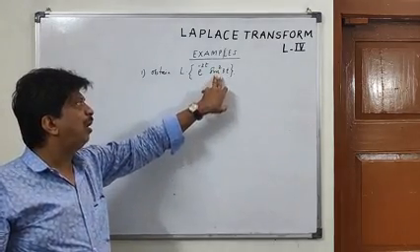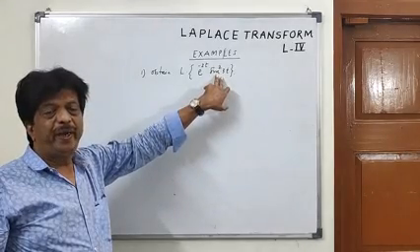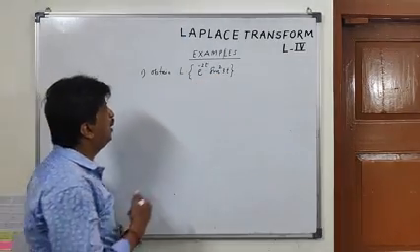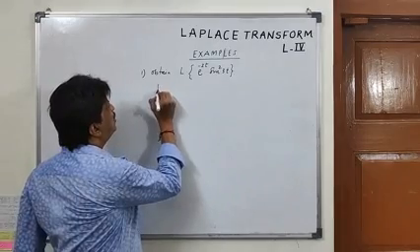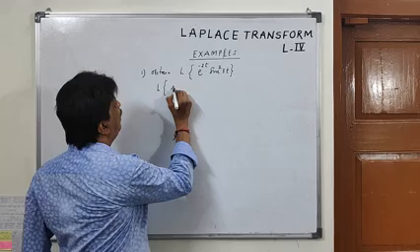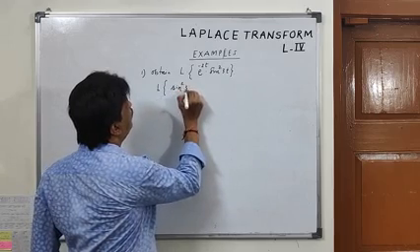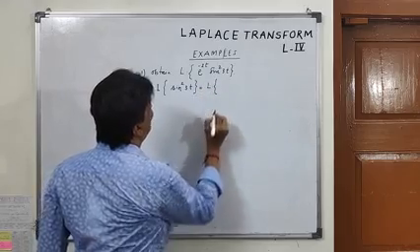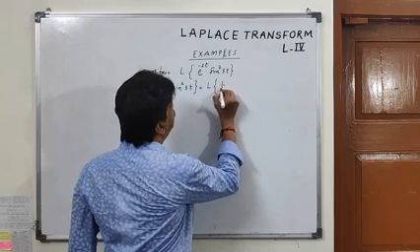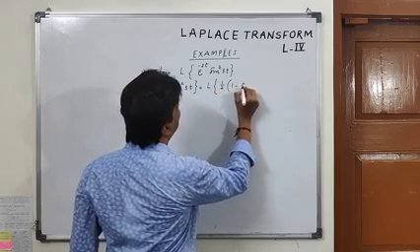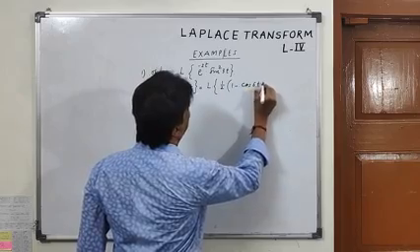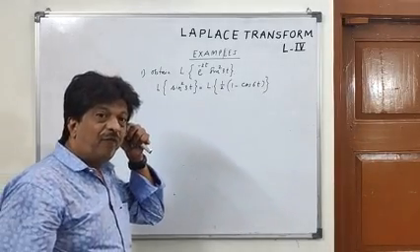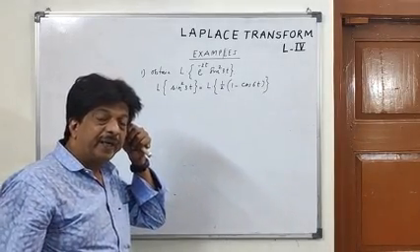First of all, we would be determining the Laplace transform of sine square of 3t. Laplace transform of sine square of 3t is equal to Laplace transform of 1 by 2 times 1 minus cos of 6t, because sine square 3t is half of 1 minus cos 6t.